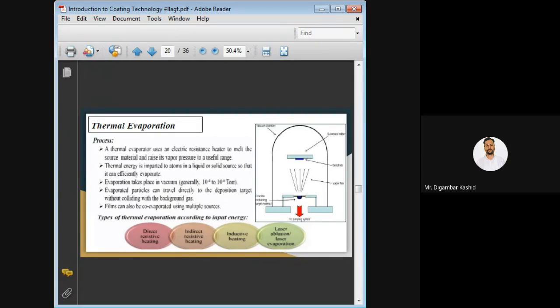And then the fourth one is laser ablation or laser evaporation. Here the continuous interaction of laser radiation with the matter can lead to thermal evaporation. So this is in short about the subtypes.